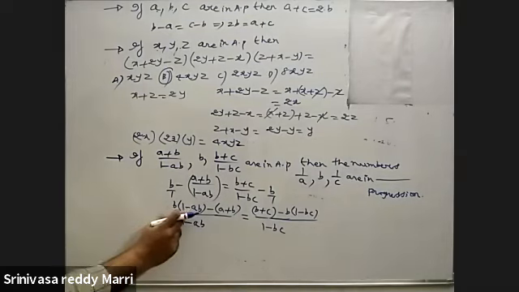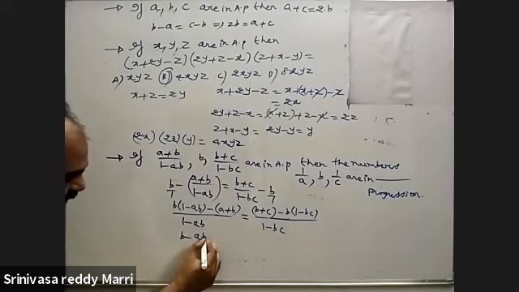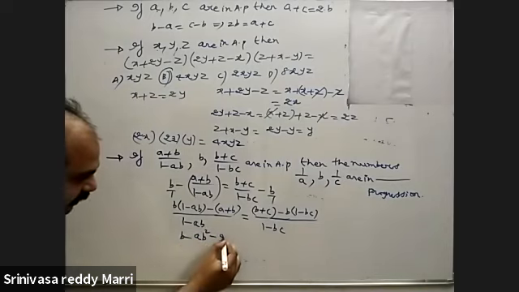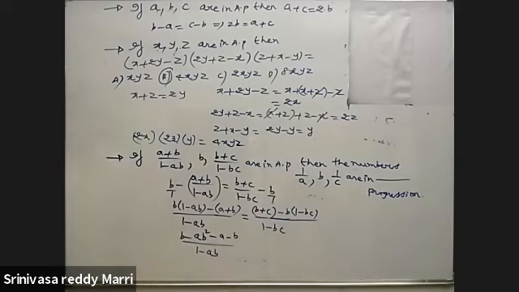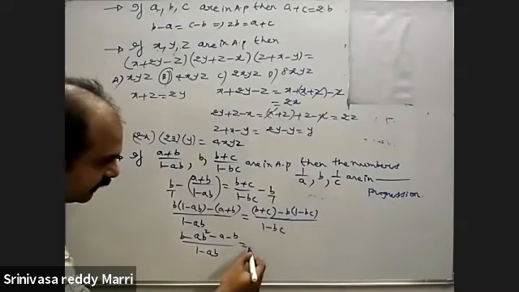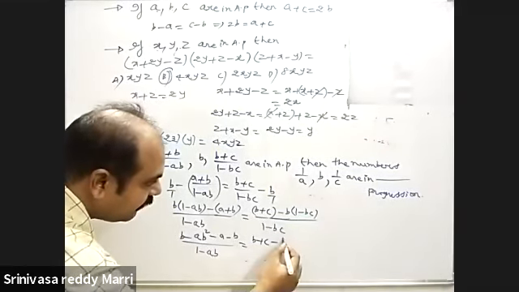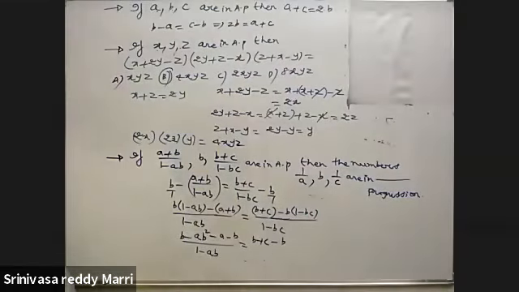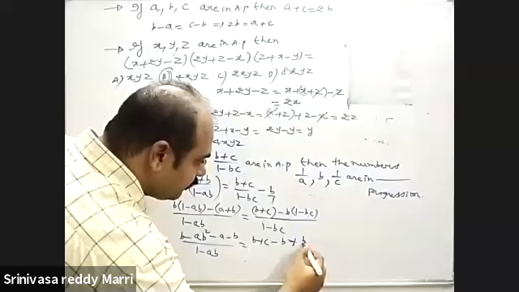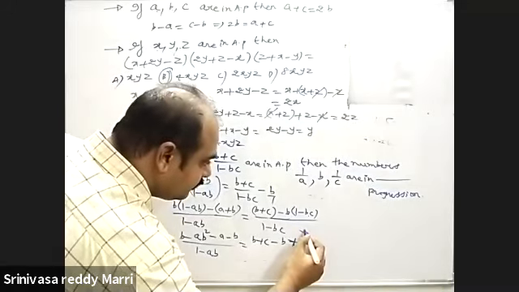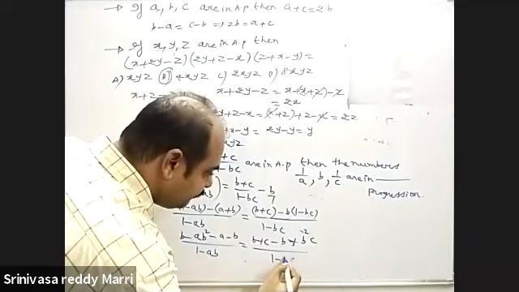Here I am multiplying b: b minus ab square minus a minus b, divided by 1 minus ab, equal to minus b plus b into b, minus into minus plus, you will get b square c, divided by 1 minus bc.